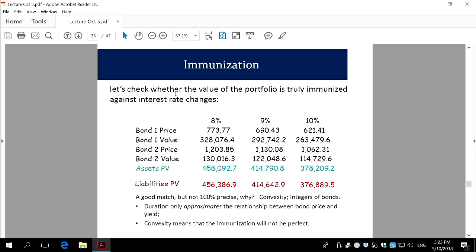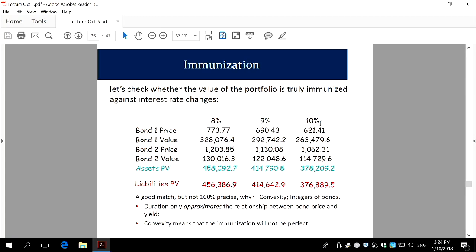We can double check whether the value of the portfolio is truly immunized against interest rate change or not. Suppose initially the interest rate is 9%, this central column. We know the present value of the asset side, bond 1 and bond 2, and this is the present value of our liability. Suppose the interest rate goes up from 9 to 10.